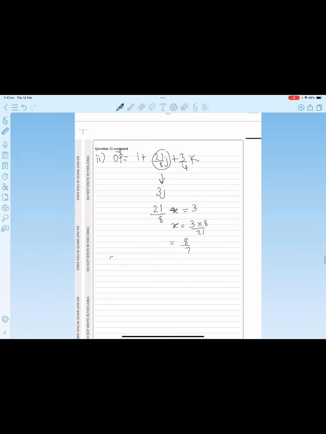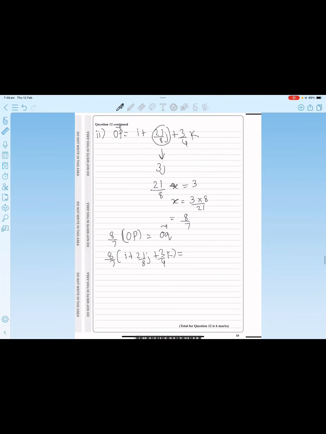So you would just do 8 over 7 OP to give you OQ, and that will be 8 over 7 times i plus 21 over 8j plus 3 over 4k. This gives you 8 over 7i plus 21 over 8 times 8 over 7, which gives you the 3j you need, plus 24 over 28k, which is the same as 6 over 7.